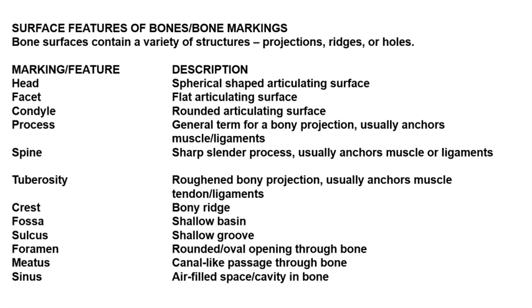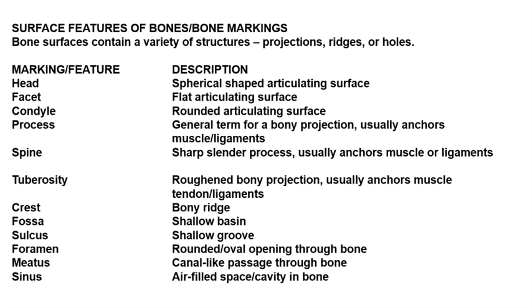We'll start with the head of a bone, and the head of a bone is usually described as a spherical or rounded articulating surface. So the head, particularly of long bones, is typically where joints are formed. So for example, the shoulder joint and the hip joint are formed by the heads of the humerus and the heads of the femur, respectively, to form the shoulder and the hip joints.